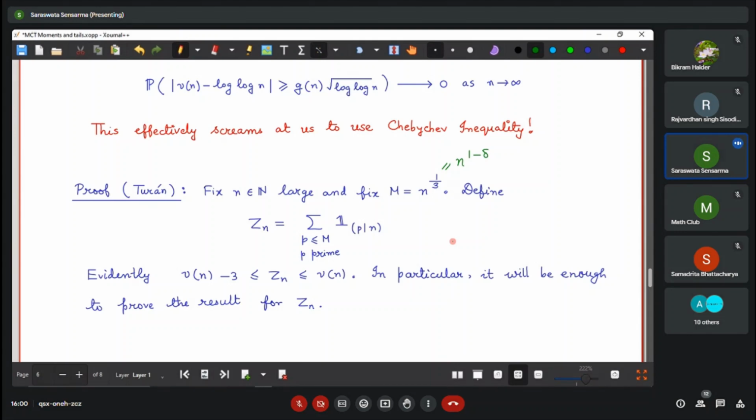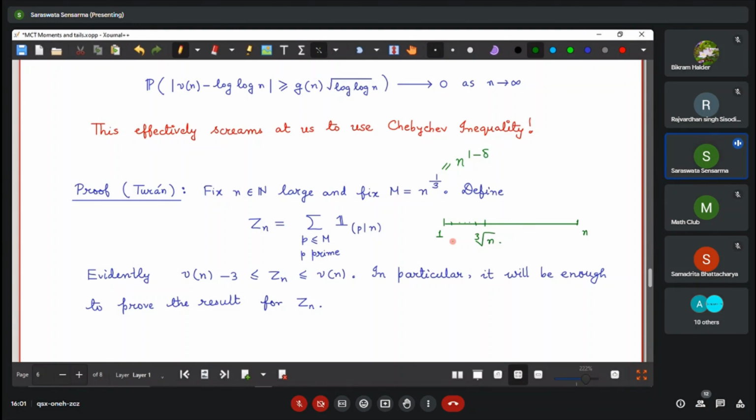So what is this doing? This is effectively counting how many primes up to, okay, so let's have this number from 1 to n, and this is say cube root of n. So this is just counting how many primes up to cube root of n divide n. Now note that you cannot have more than two.